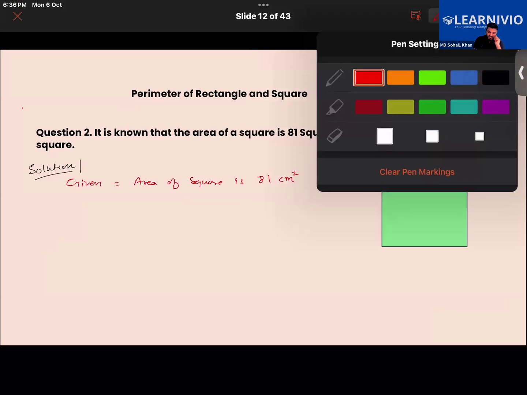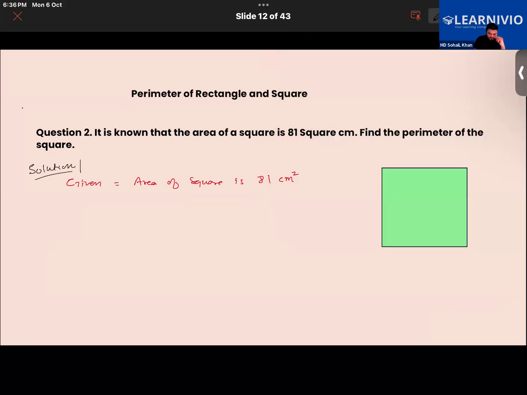As we know, the area of a square is found by multiplying its side with another side. Here, the area is already given as 81 square centimeter. So by putting 81 in place of area, can't we find the side?